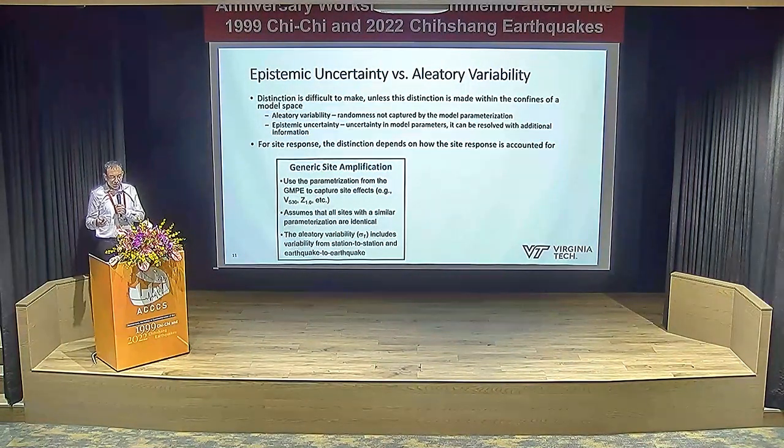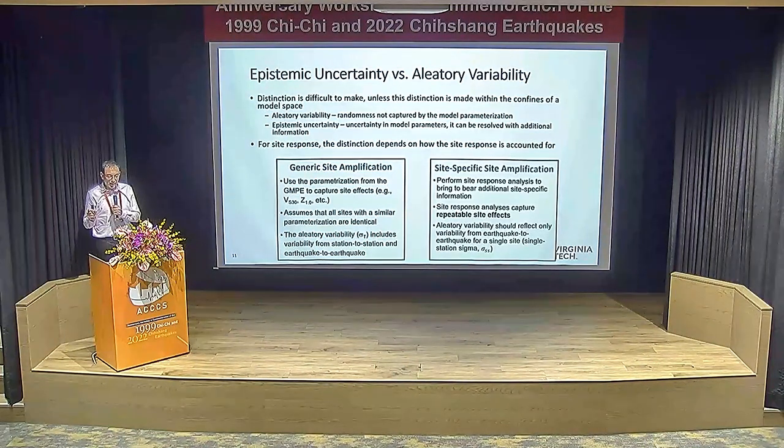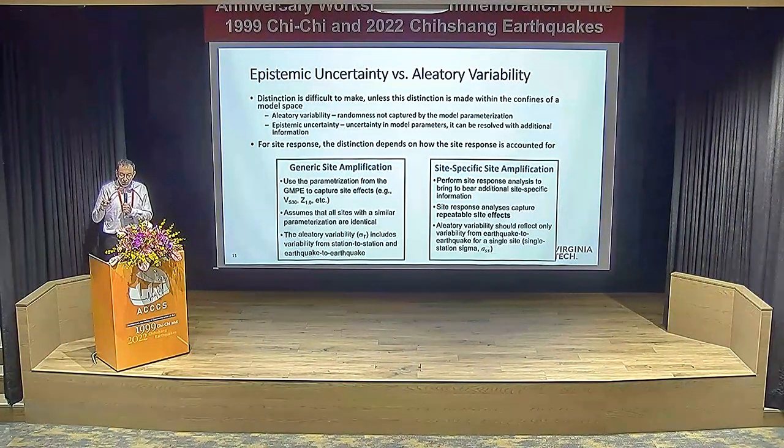So the aleatory variability then will include variability from station to station between stations that share those proxies. If we do site-specific analysis, then the site response analysis will be able to capture any repeatable effects that occur at that station.